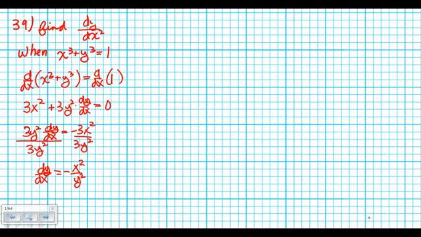Well, what we're going to do is start where we left off, and we're going to take the derivative of that with respect to x again. And of course, whatever we do to one side of the equation, we need to do to the other side as well.